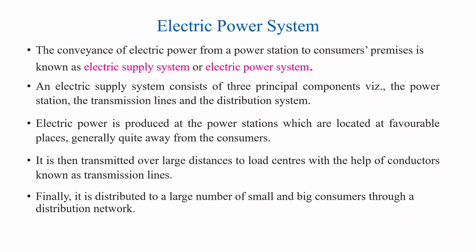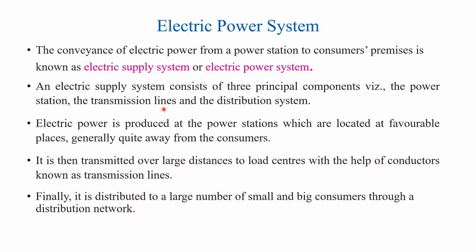The electrical power system is defined as the conveyance of electric power from a power station where the power is generated to the consumer's premises, and this whole process is known as the electrical supply system or electrical power system. Our electric supply system consists of three principal components.